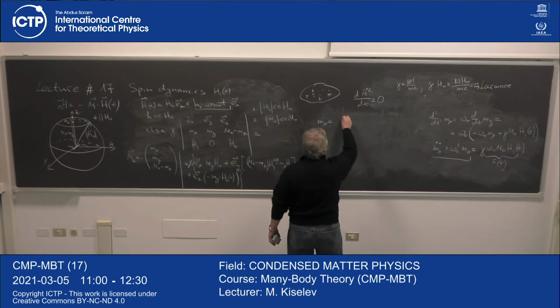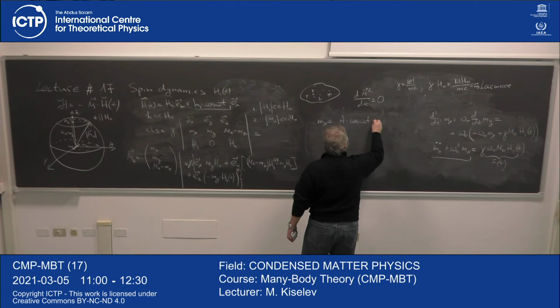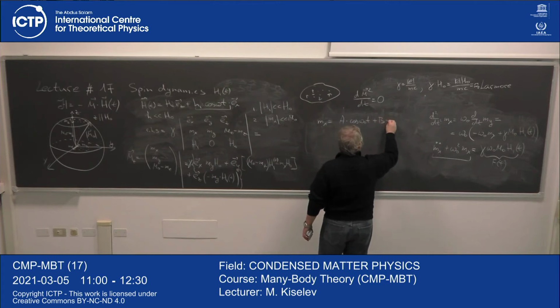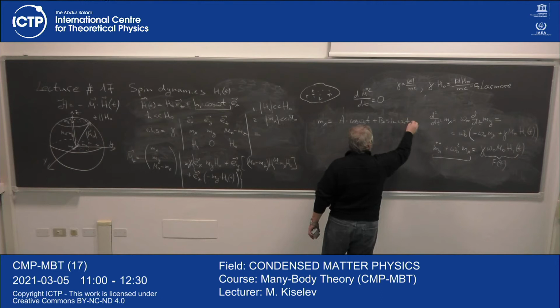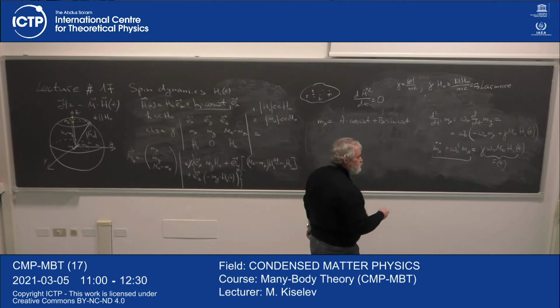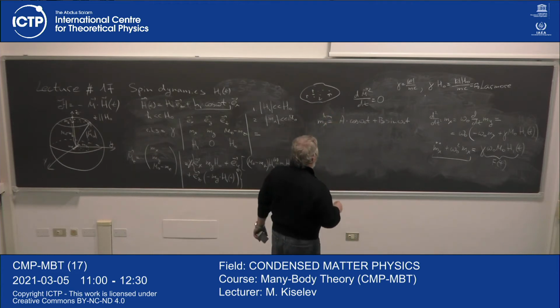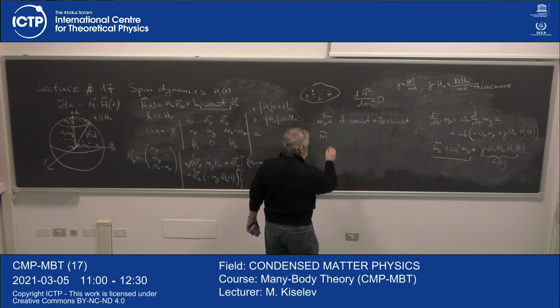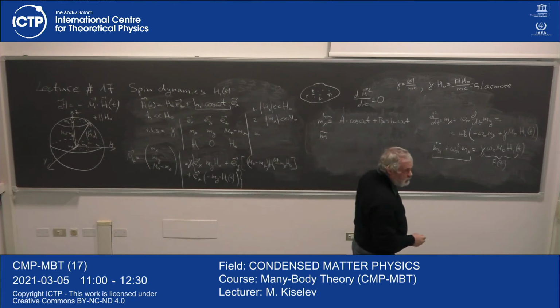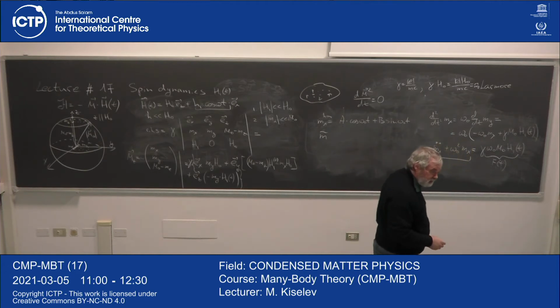The solution of the homogeneous equation is A times cosine omega naught t plus B times sine omega naught t. I have a second order linear differential equation, therefore it contains two independent constants A and B. This is the solution of the homogeneous equation. And then I have a particular solution, which is the solution corresponding to the right-hand side of the equation.